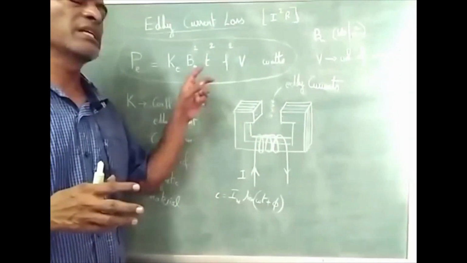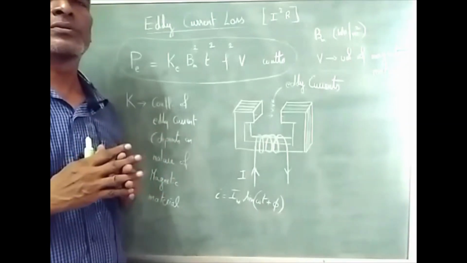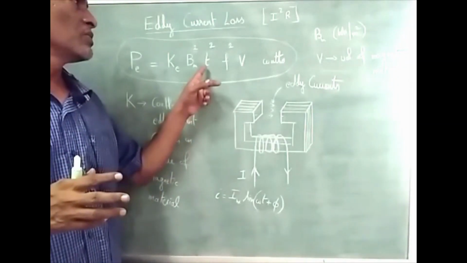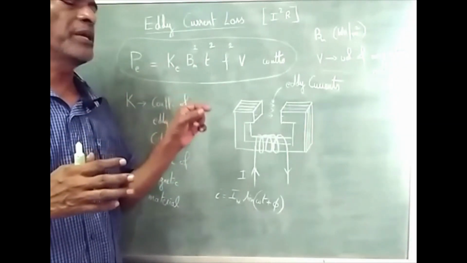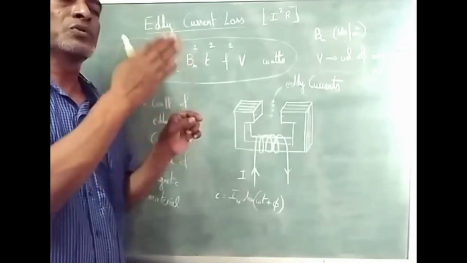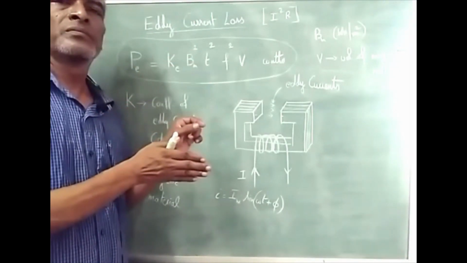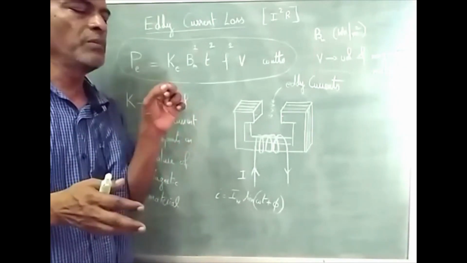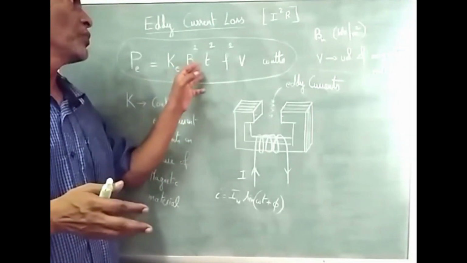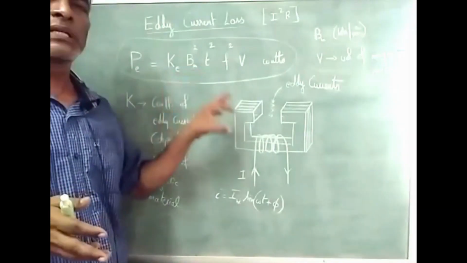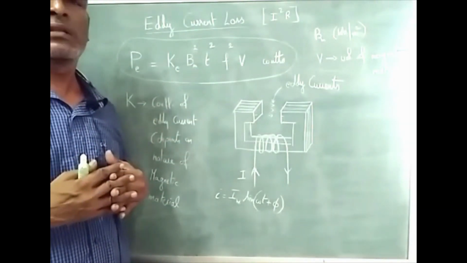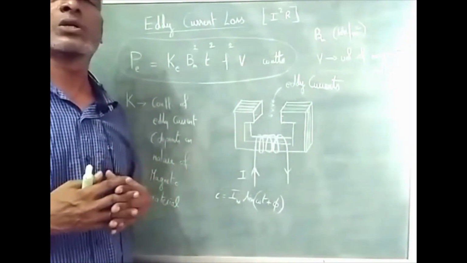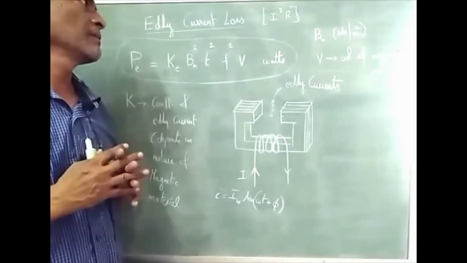So the thickness has to be reduced. How to reduce the thickness? If you have a particular volume, you serrate it so that the thickness of the individual sheets will be very, very thin. Therefore, the power dissipated in the magnetic material, generally called the core, will be less.